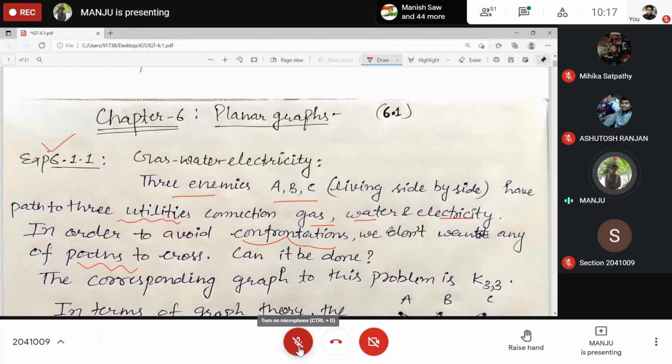Can it be done? In graph theory, we first draw the graph corresponding to this situation, and then ask whether this graph is planar or not. Clear?